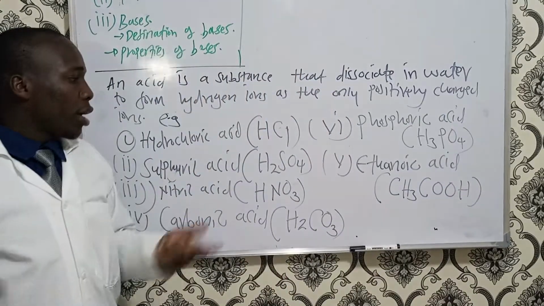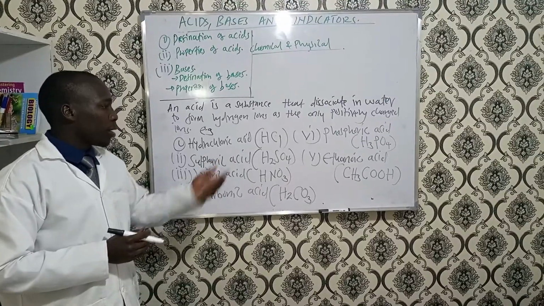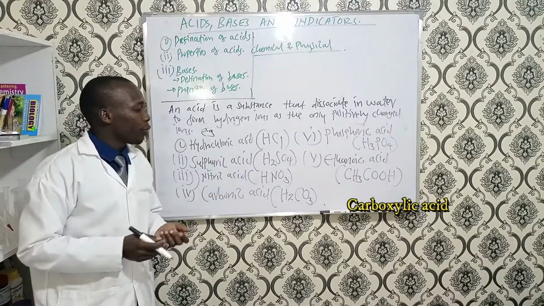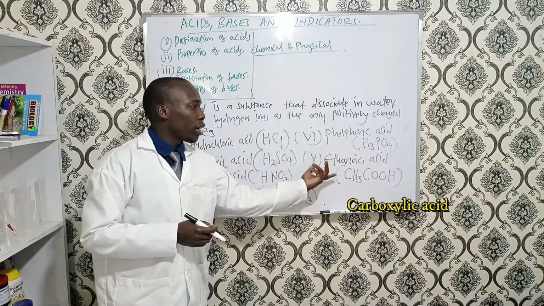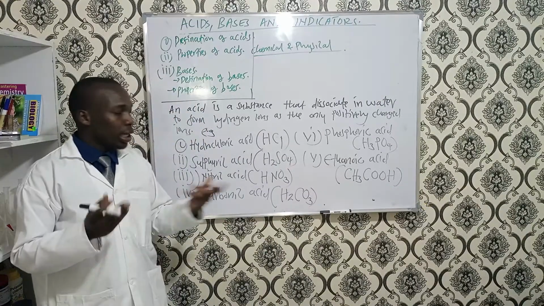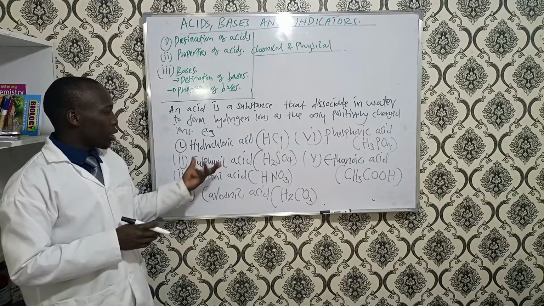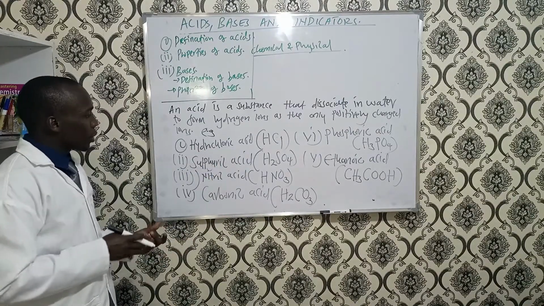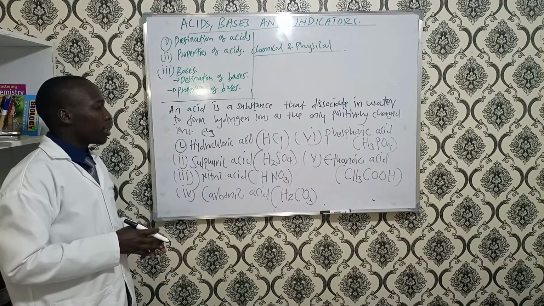For those who've done organic chemistry, that is a carboxylic acid. I think this is not new to you. And carboxylic acid is normally a weak acid, and we'll take a look at the reason why it's a weak acid. So these examples represent the acidic substances, and all of them have acidic properties.